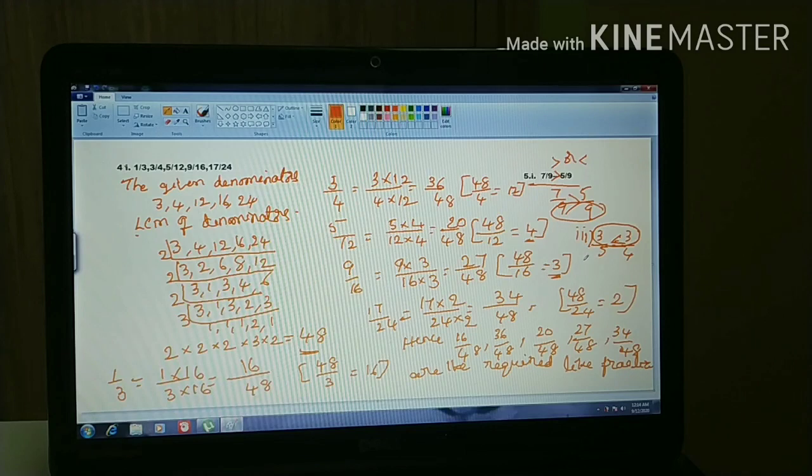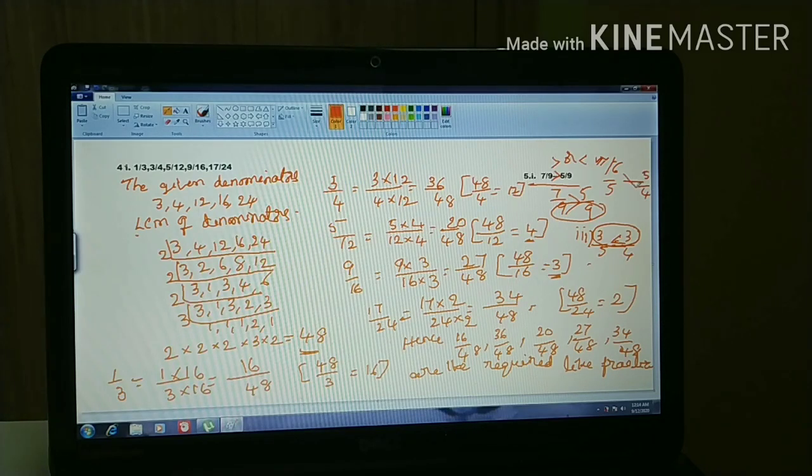Okay, now if both denominators and numerators are different, see here. I am going to the seventh problem, that is 6 by 5 and 5 by 4.